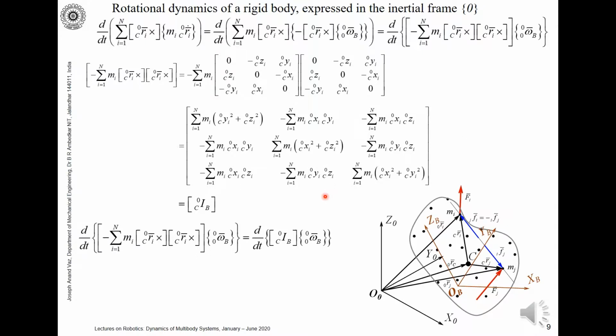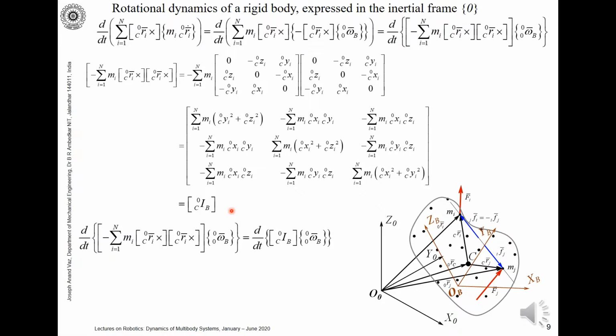Now, because this body is going to change its orientation with respect to the inertial frame, these components x, y, z, which constitute this matrix, are going to change. And because they are going to change, the inertia tensor is going to change with change in orientation.